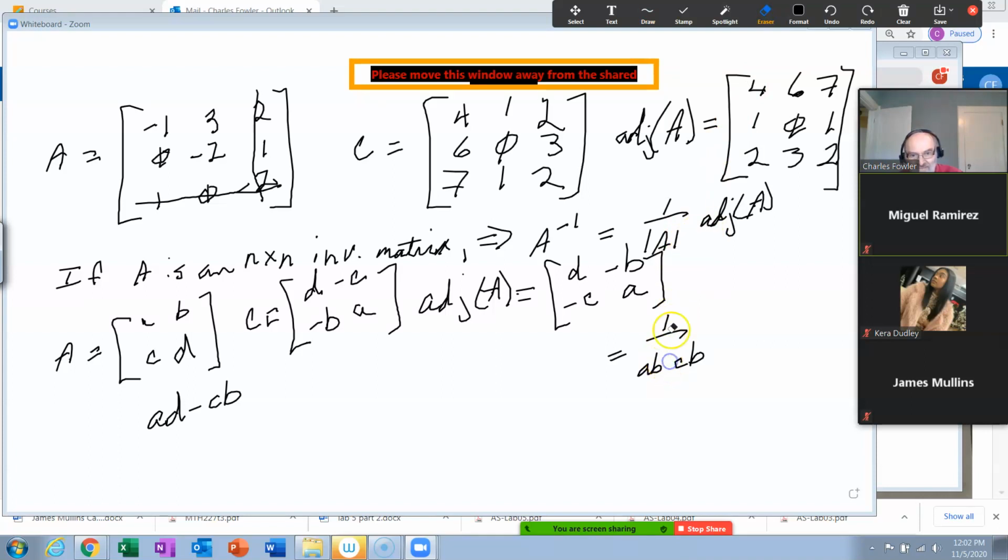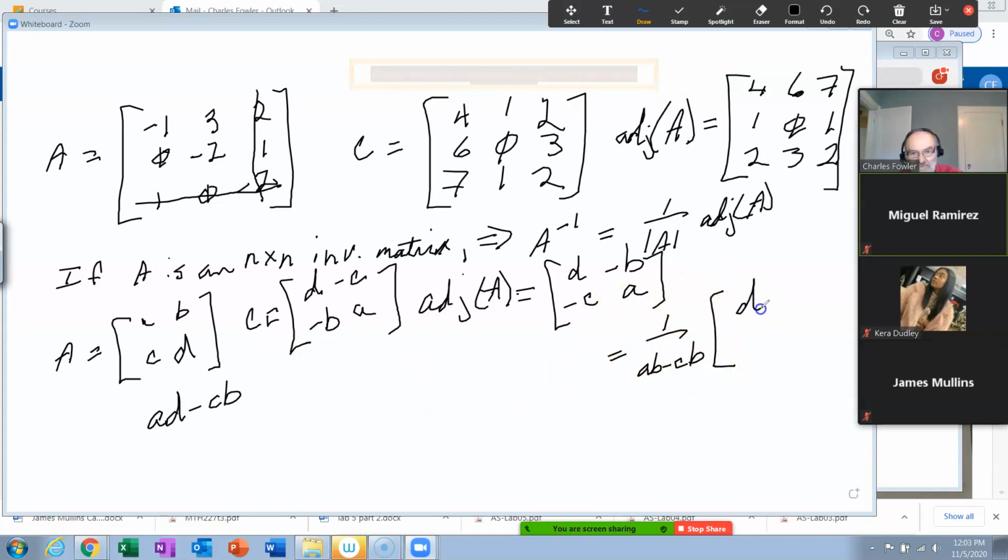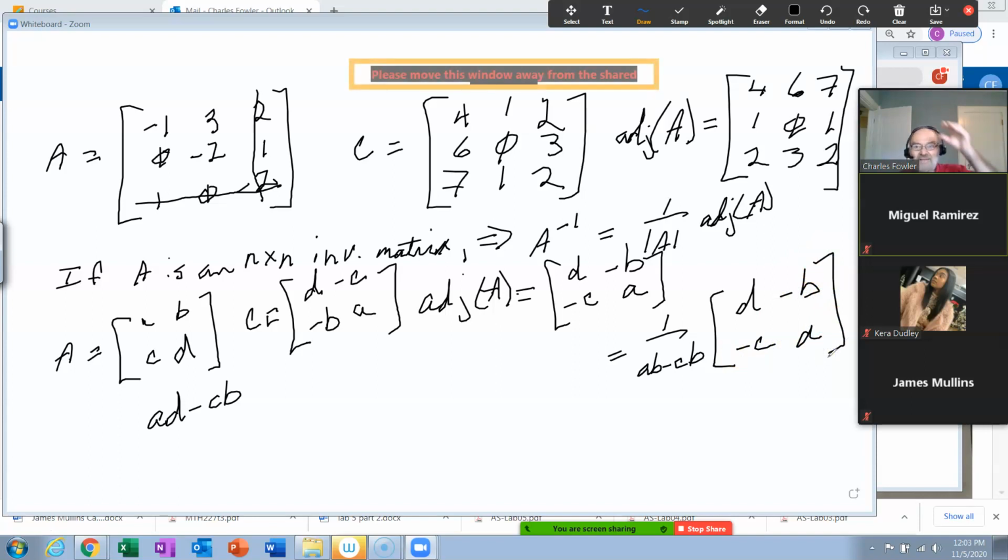Well, the very thing I wanted to keep, I erased, and the thing I wanted to erase, I kept. That's the 1 over that, and then this would be the adjoint, which would be d, minus b, minus c, a. Now, if you think back to how we did a 2 by 2 matrix, what we did was 1 over the determinant. That's where we first ran into a determinant, and then we exchanged the two diagonal entries and negated the off-diagonal entries, and that's exactly what we've got here. So that gave us exactly our 2 by 2 formula that we came up with earlier.